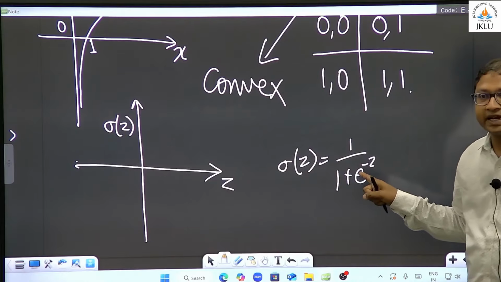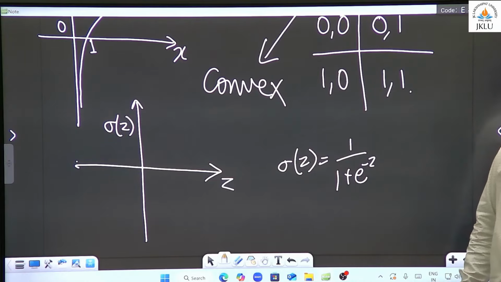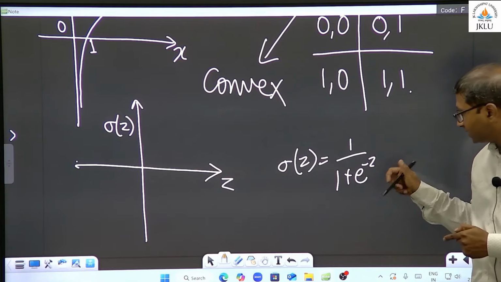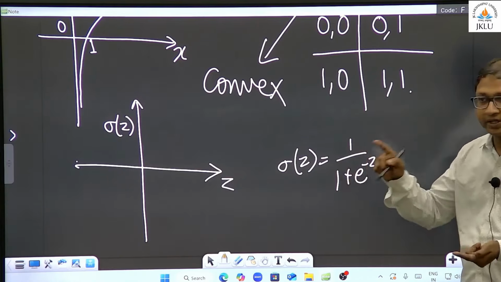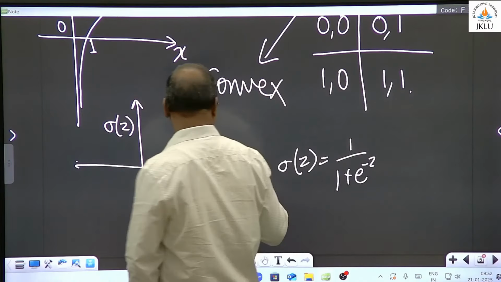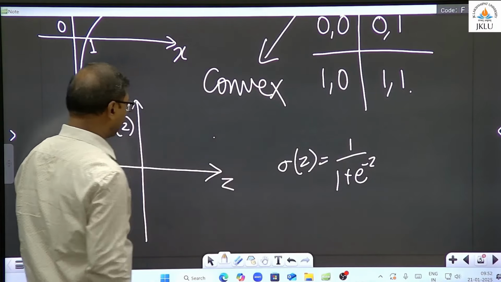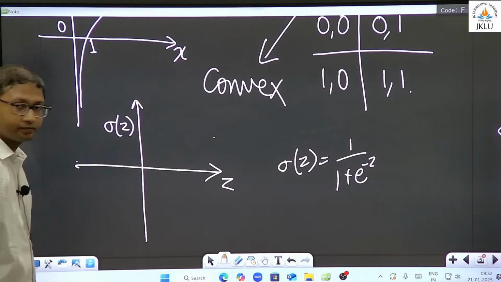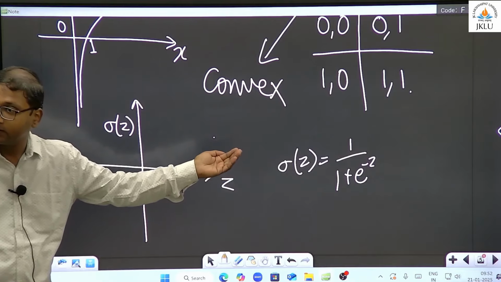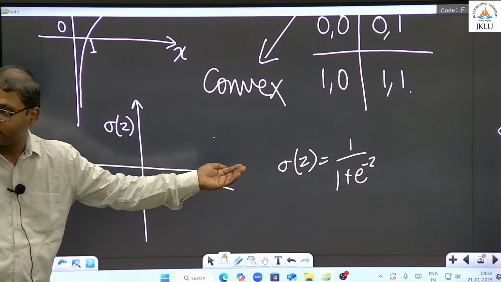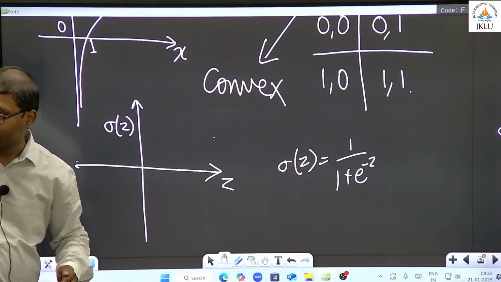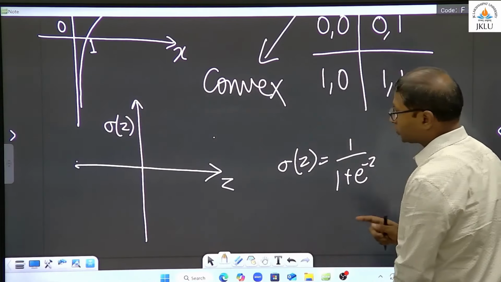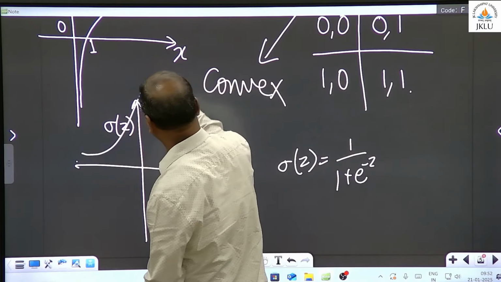Now what happens at z equal to infinity? I have e to the minus infinity, this term goes to 0, 1 upon 1 gives me 1. So at z equal to infinity, the maximum I can have is 1. Now in the middle somewhere, can it become greater than 1?